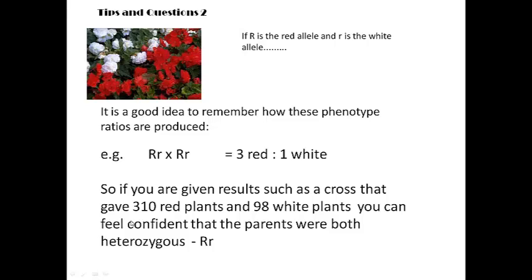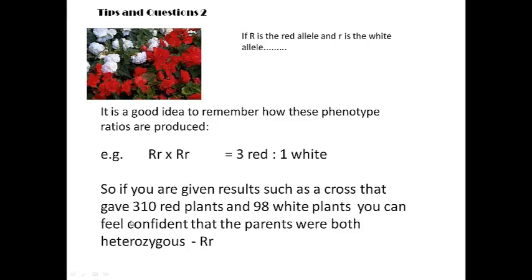So if you were given a question where it said, in the cross, I crossed some plants, and in my offspring I had 310 red plants and 98 white plants, you'll say to yourself, that's just about 300 to 100. That's pretty much close to 3 to 1. Therefore, I know that the parents were most probably heterozygous, big R little r times big R little r.